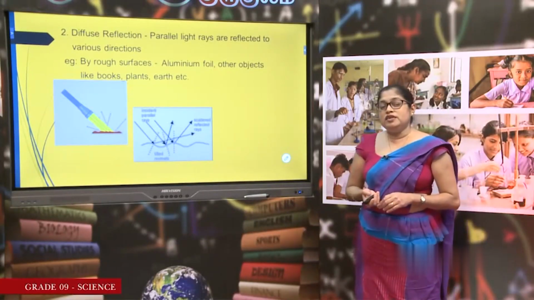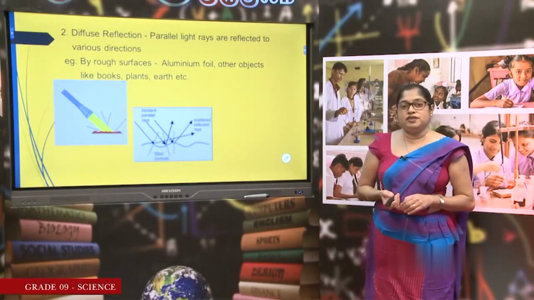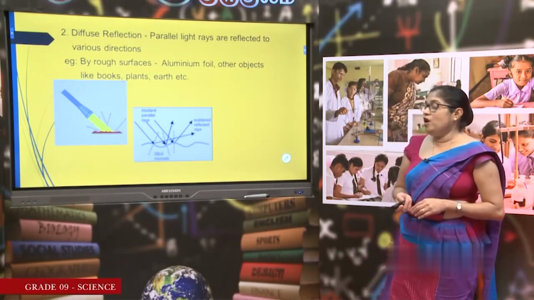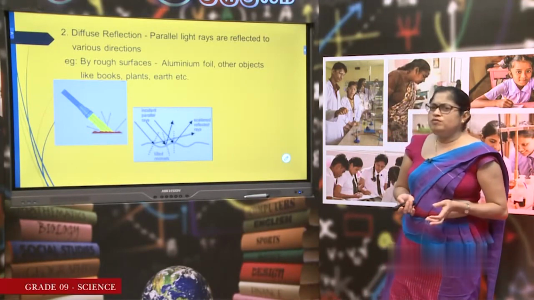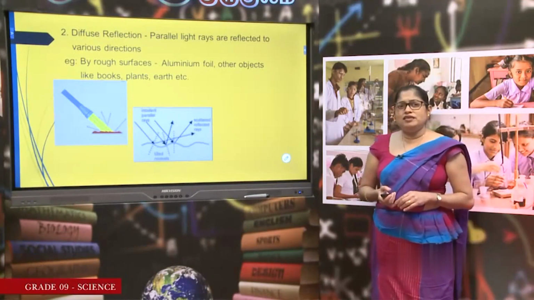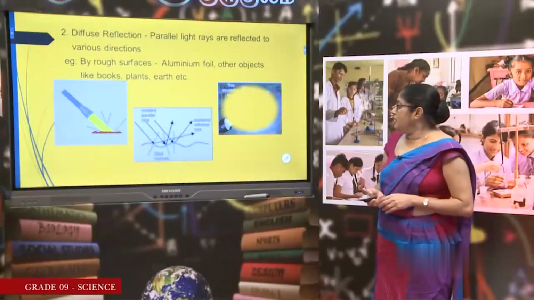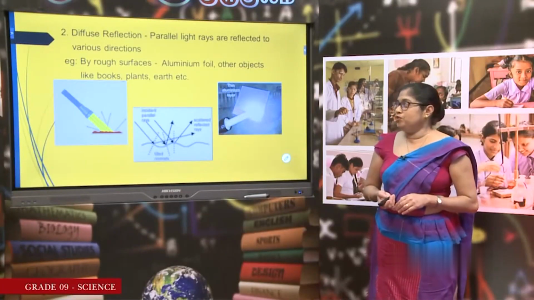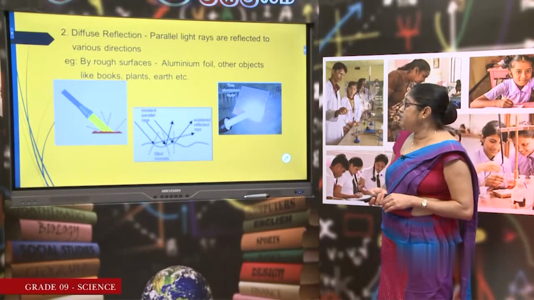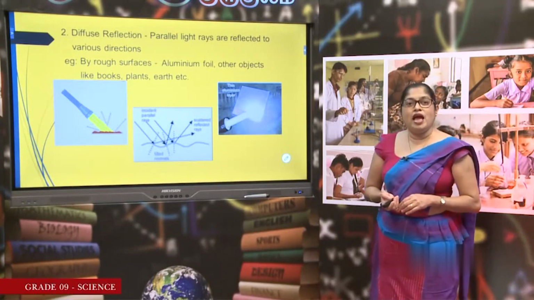Diffuse reflection is done by rough surfaces, for example, aluminium foil and other objects like books, plants, earth. We too reflect light as diffuse reflection. This is an example to show you how diffuse reflection is done by aluminium foil.